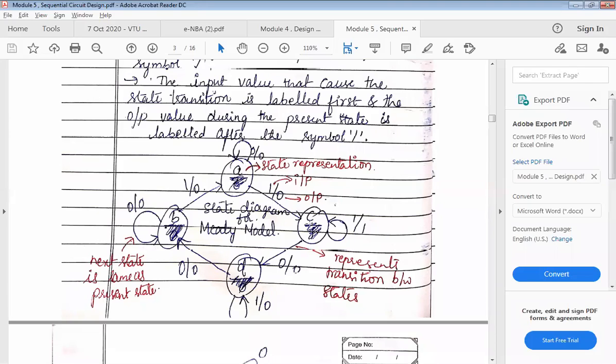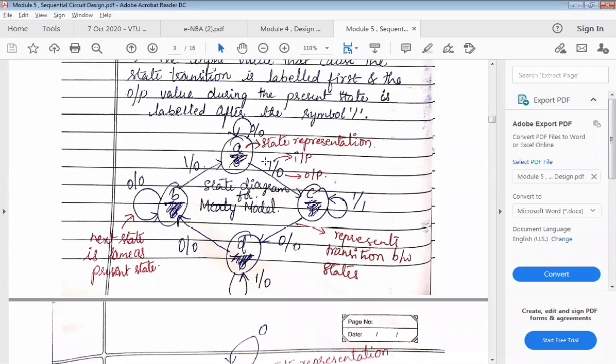If it is moving from A to C, then it is going from one state to another state. If there is a loop, then we say that it is in the same state. It has not moved from B to elsewhere, right? So numerator is input and denominator is output.